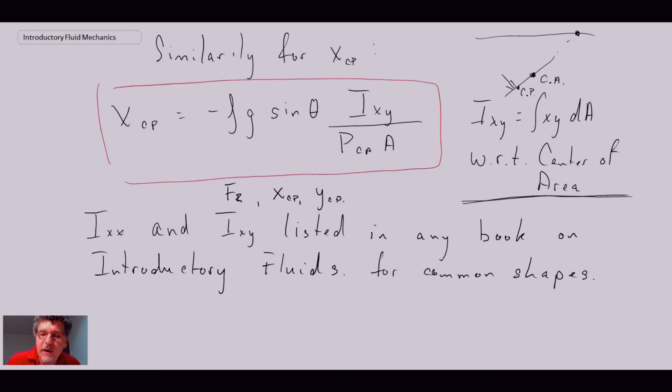The way these equations are formulated, you'll notice we have pressure in the denominator here. The further you go down below the surface, the center of pressure and the center of area start to move together. The center of pressure moves towards the center of area, and they become almost the same. But anyways, that gives you some equations that you can do calculations with. In the next segment, we'll take a look at an example problem of applying these equations.